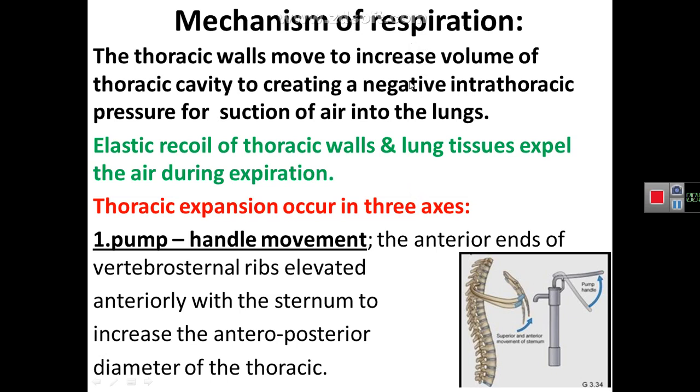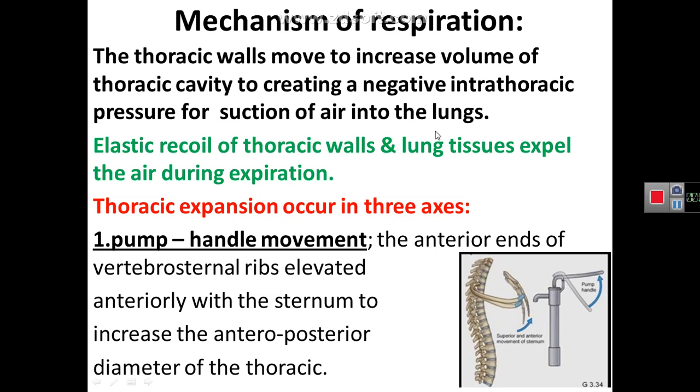During inspiration, the thoracic wall moves so as to increase the cavity of the thorax. This is to increase the volume of the cavity of the thorax, and such an increase in the volume will create a negative intrathoracic pressure, and such a negative intrathoracic pressure will lead to suction of air into the lung.